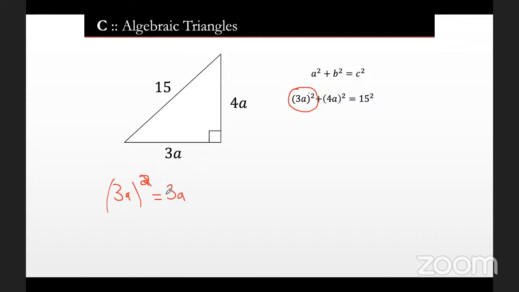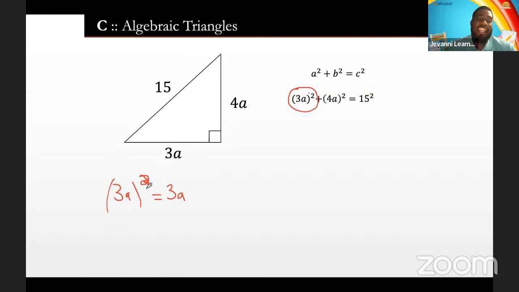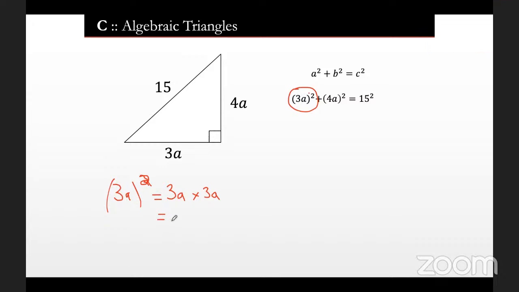So let's do this one. 3A is in the brackets and it's squared. That means whatever is in the bracket, you're going to multiply it by itself, right? So 3A multiplied by 3A. Some persons might multiply the numbers first. So what is 3 multiplied by 3? 9.